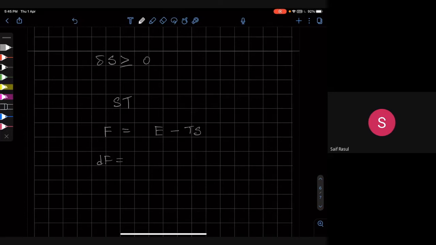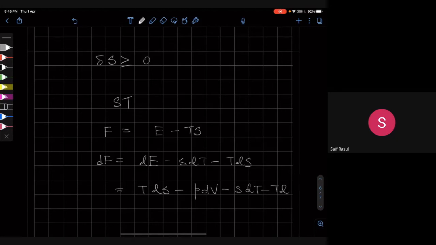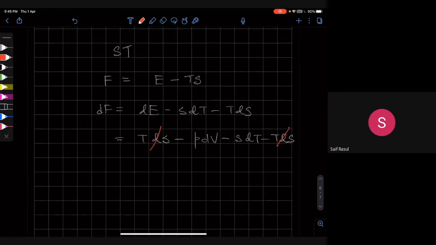And so if I take the small variation of the free energy, then I have dE minus S dT minus T dS. Now the first law tells us that dE is T dS minus P dV, and then we have minus S dT minus T dS. And then these terms cancel out, and then we have dF is minus S dT minus P dV.